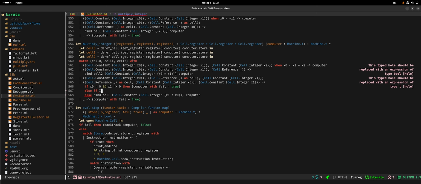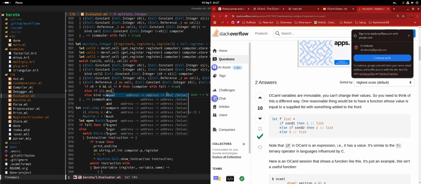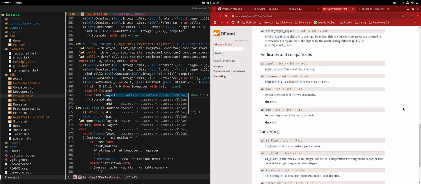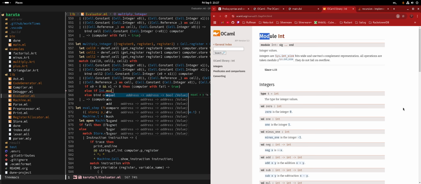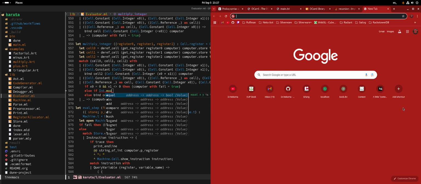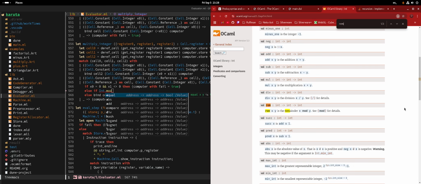You said mod, right? So I'm guessing that there is a mod. There's no mod. It might be called rem instead, actually. We do.